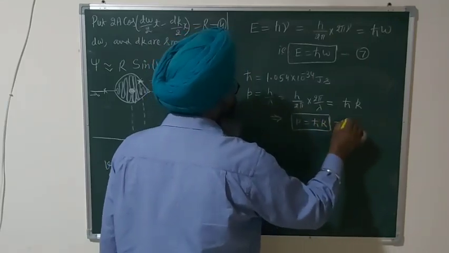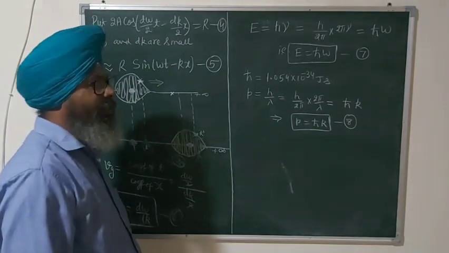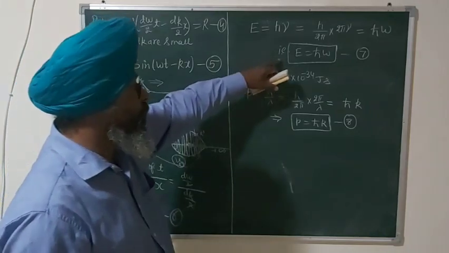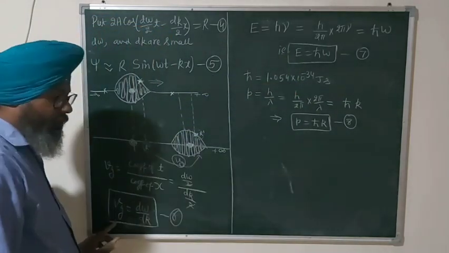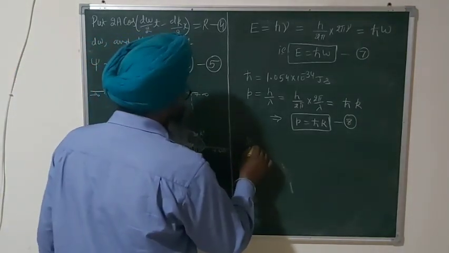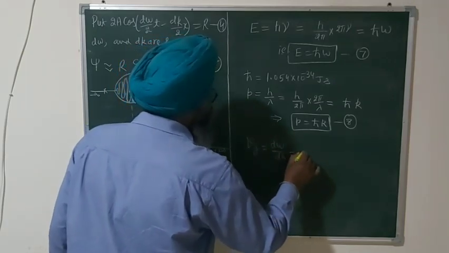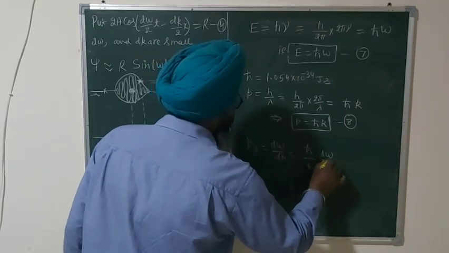Now equations 7 and 8 combined are called Einstein-de Broglie relations. I can use both of these equations to get another form of equation number 6. How? Let us see. Vg, which is equal to d omega by dk, can also be written as h cross upon h cross d omega by dk.